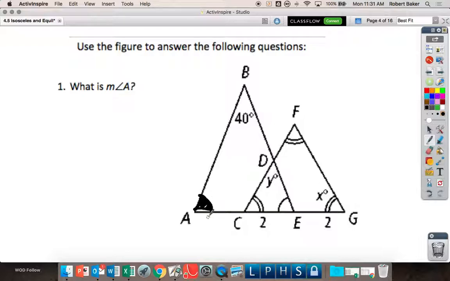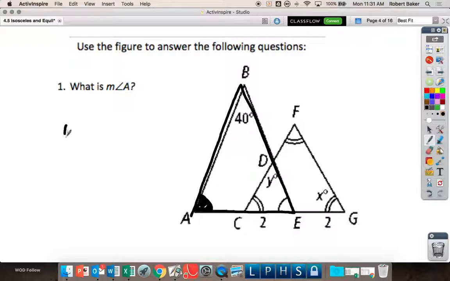So you must first identify what type of triangle angle A is contained in. How do you know it's an isosceles triangle? Because it has two congruent base angles. So in this triangle right here, those two angles are congruent, which means they are also equal. What is the measure of angle A?